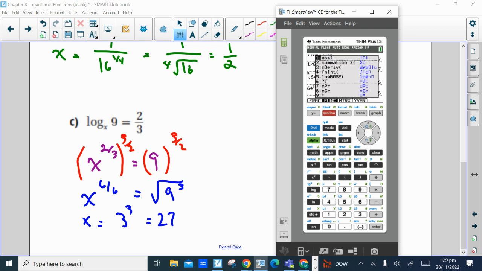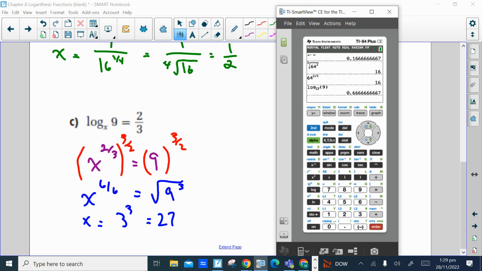Alpha F2, yeah. Alpha F2, and then number 5 in this list is log with a different base. So we found our answer here to be 27, which the x was in the base position. So it should be log base 27 of 9. That should equal 2/3, which is 0.6 repeating, and it does. So that's checking on our calculator that our answer of 27 is correct.